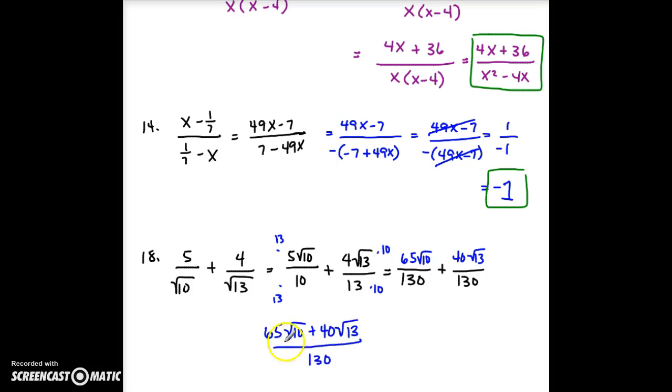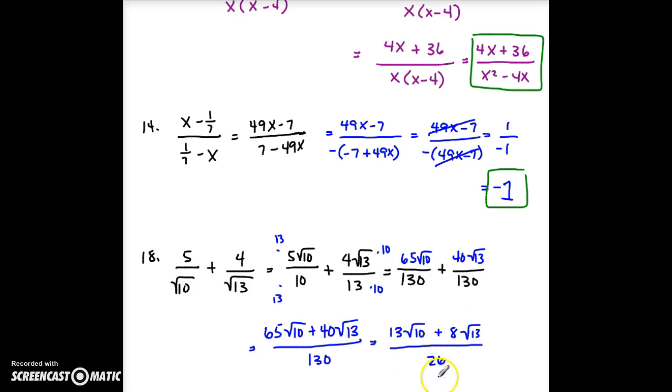Now each of these terms is divisible by, it looks like, 5, if I'm not mistaken. Yep, they're all divisible by 5. So let's try that out. 65 divided by 5 gives us 13, and 40 divided by 5 gives us 8, and 130 divided by 5 gives us 26.